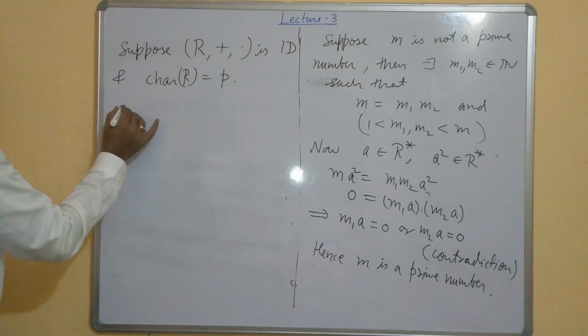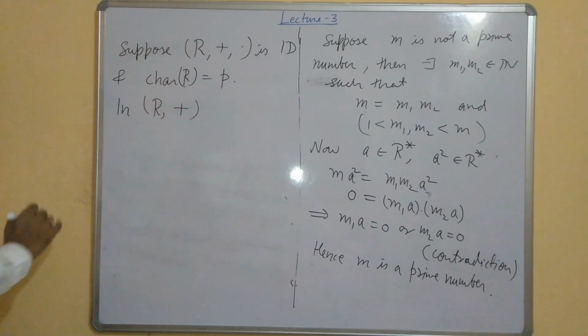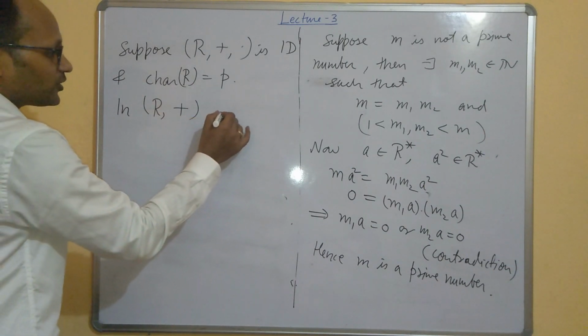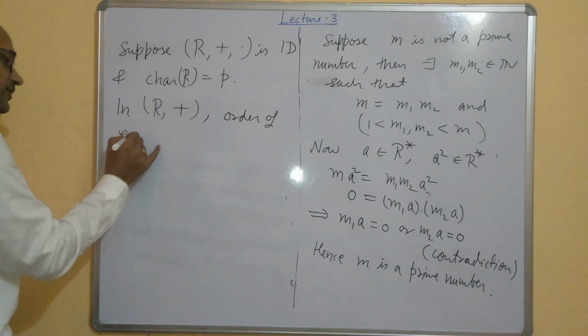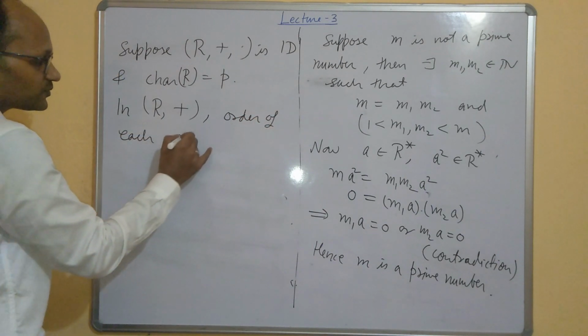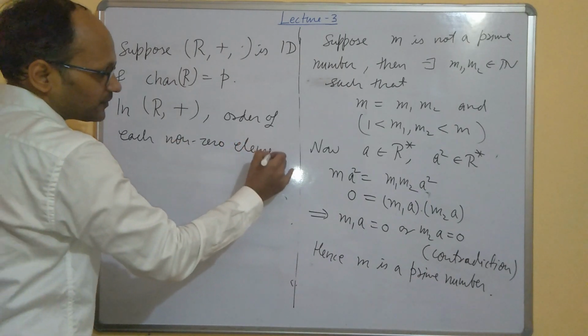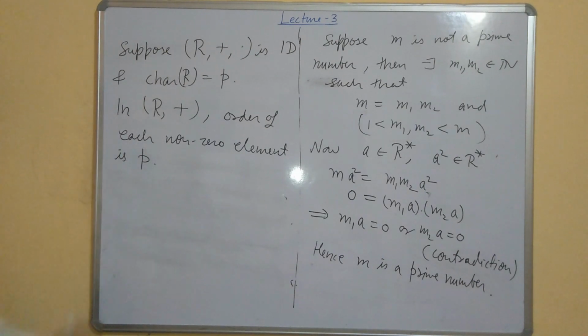Then in R plus, in this group, the order of each non-zero element is p, where p is a prime.